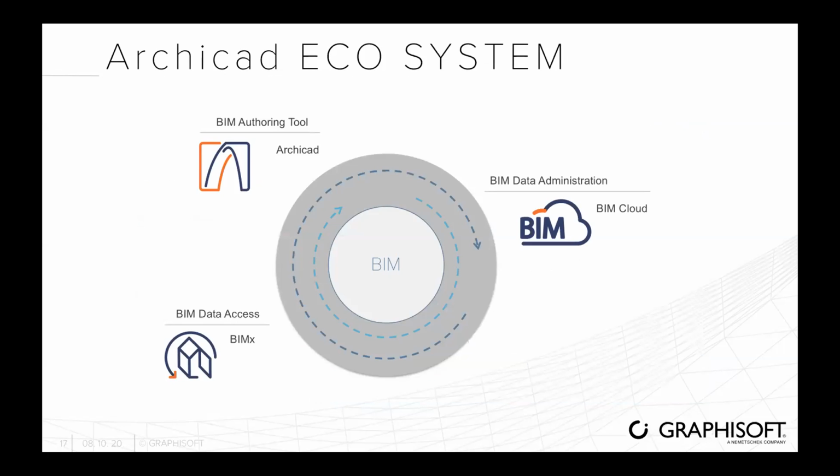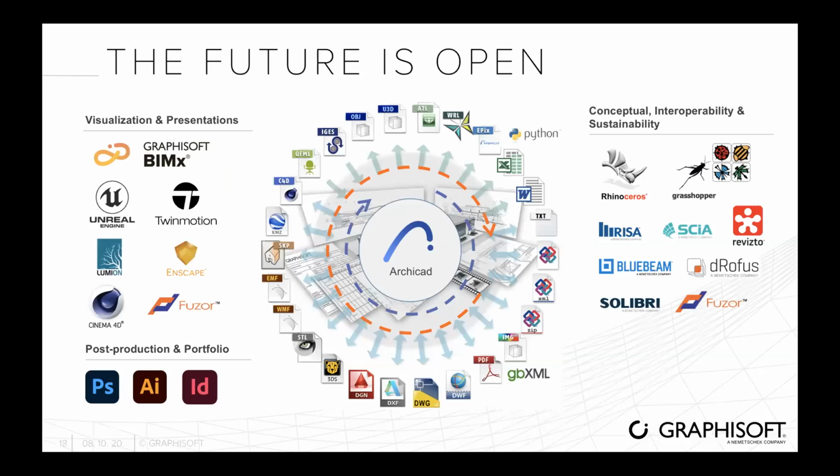Let's talk about our ArchiCAD ecosystem. ArchiCAD is one thing, but we've also made a lot of updates to BIMx and BIMcloud so that everybody can have improved workflows. As part of that, we've always looked at collaborating with other software and file formats, so we have very strong connections with a lot of different tools.